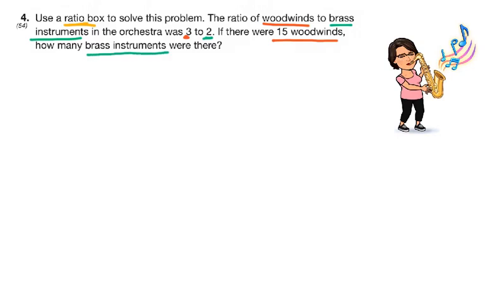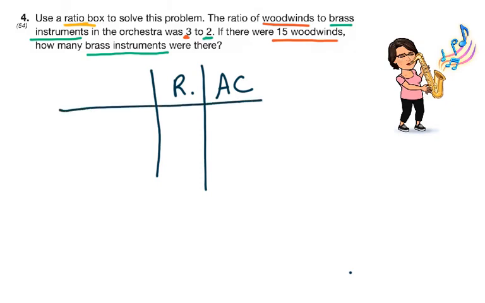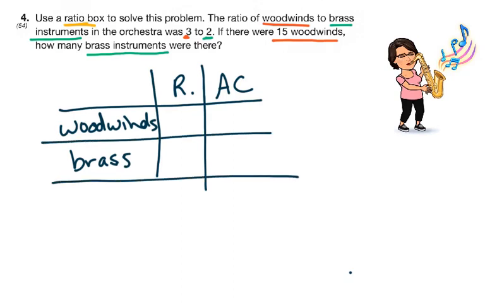So we're going to do ratio and actual count, and we're comparing woodwinds to brass instruments. And the ratio of woodwinds to brass was 3 to 2.